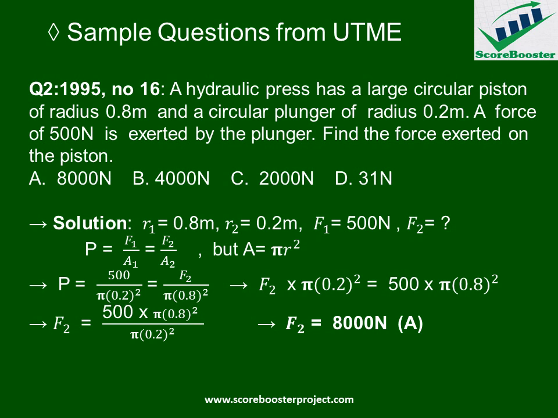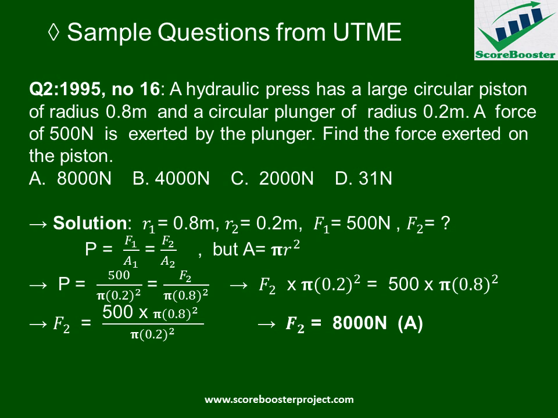Then we are given the force exerted by the plunger, that is F1, which is equal to 500 Newton. While they ask us to find the force exerted on the piston, that is the force of the larger circular piston.